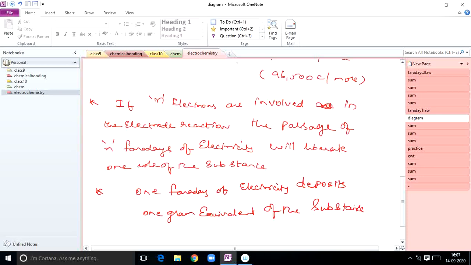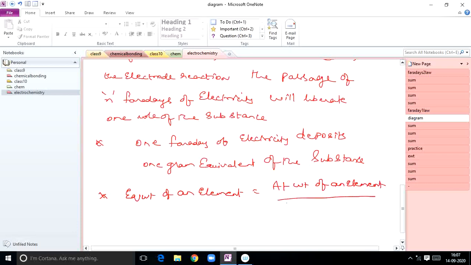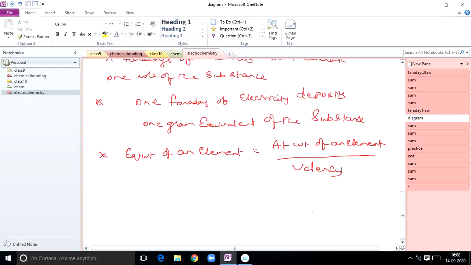This is also very, very important. And an important point you have to remember is, the equivalent weight of an element is equal to the atomic weight of the element divided by valency.